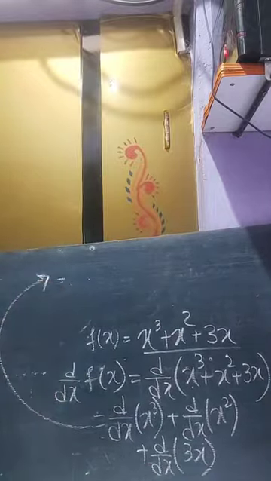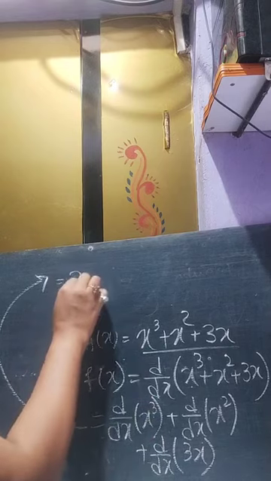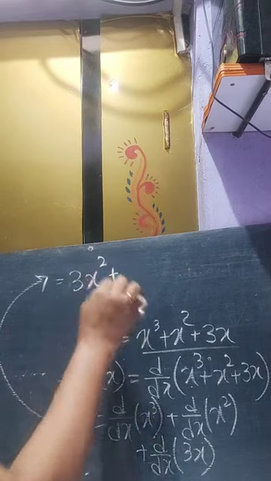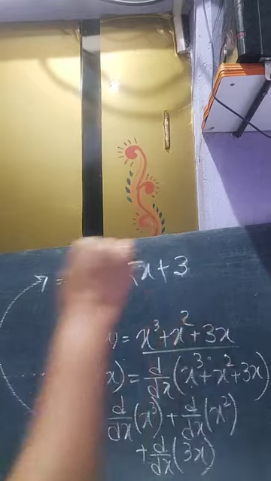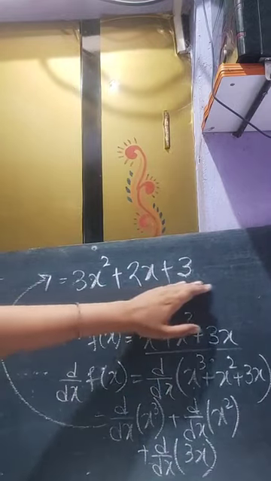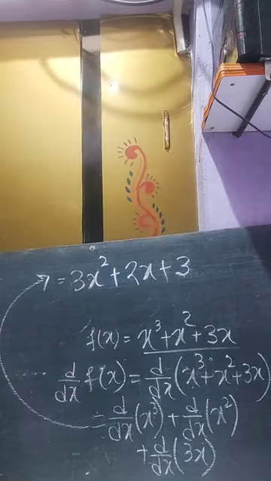The result will be d/dx of x cube, that is 3x square, then 2x, and the next one will be 3. Now you will ask, ma'am, how does this happen?